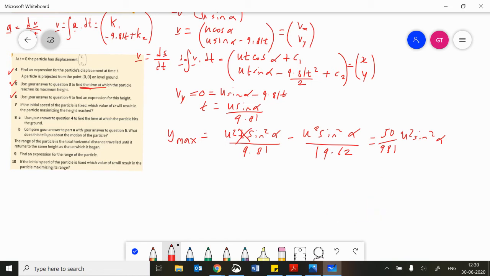Now, what do we need to do? Well, alpha is now not fixed. It's now a variable in this situation. So we need to find our dy max. I'm just going to call that dy because we've already got the expression for y max. Actually, no, that's y max according to t.